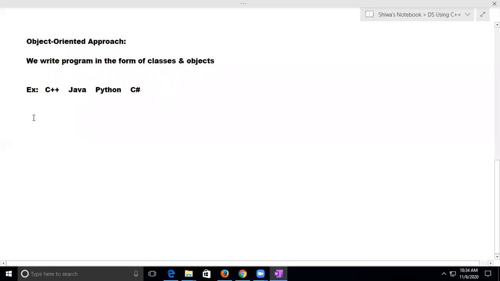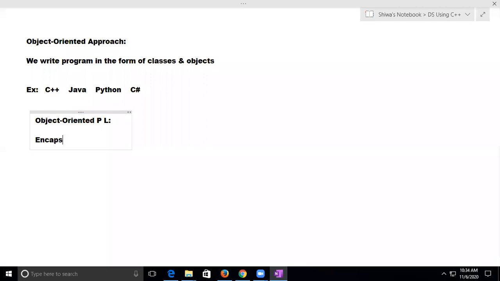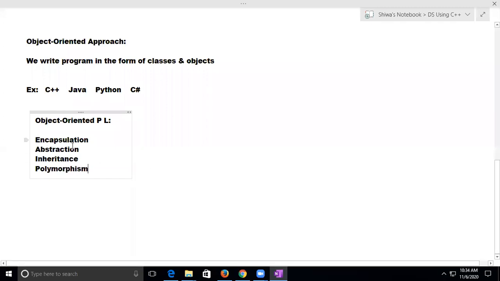So what is an object oriented programming language? Listen carefully, I'm coming to the subject. Object oriented programming language means any language that supports encapsulation, abstraction, inheritance, and polymorphism. If any language supports these four concepts, that language is called an object oriented programming language.